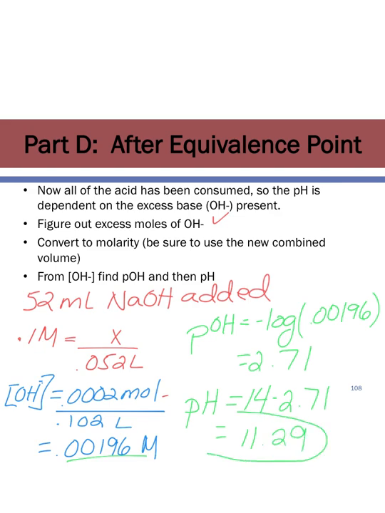So even just adding 2 milliliters of excess base made our pH skyrocket. So this again explains why when we did our titrations in the lab, it was so hard to get that faint pink color, because a tiny bit more base greatly changes the pH.